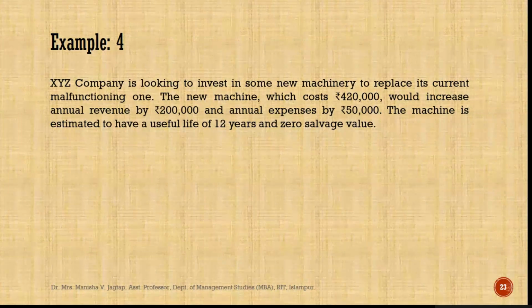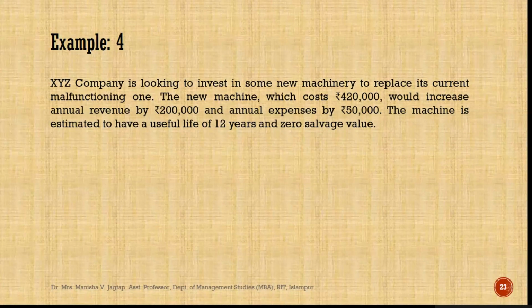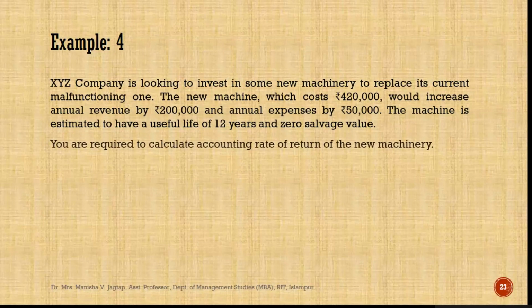The machine is estimated to have a useful life of 12 years and zero salvage value. So this is the basic information they have given concerning a particular machinery, and you are required to calculate the accounting rate of return of the new machinery.